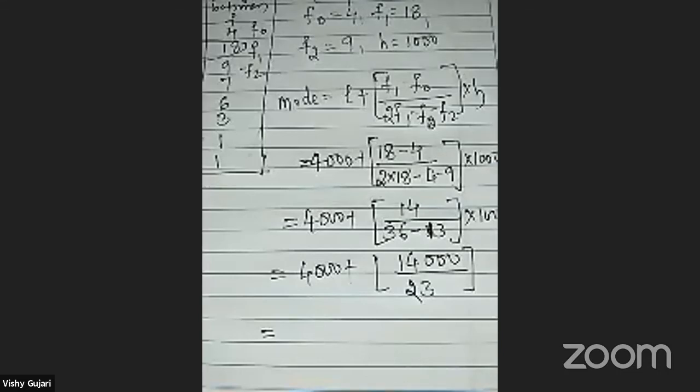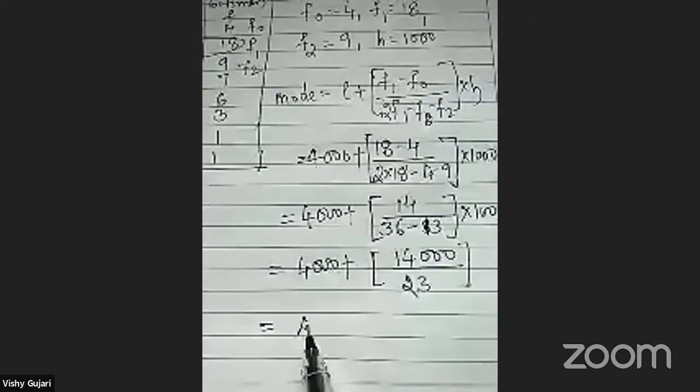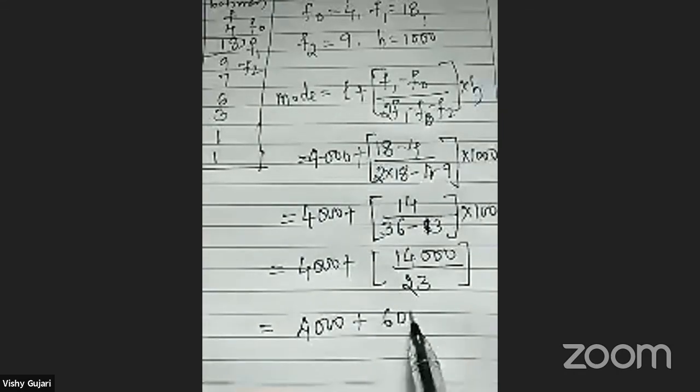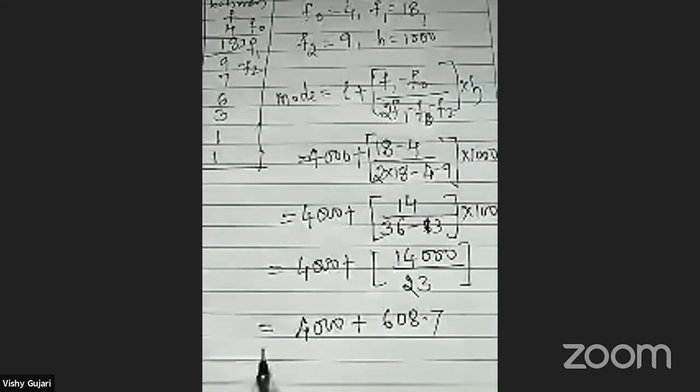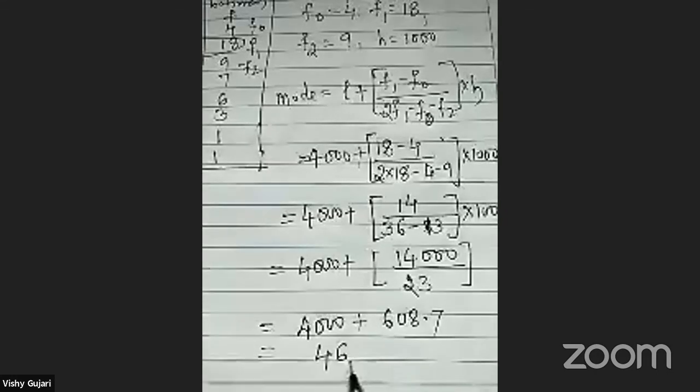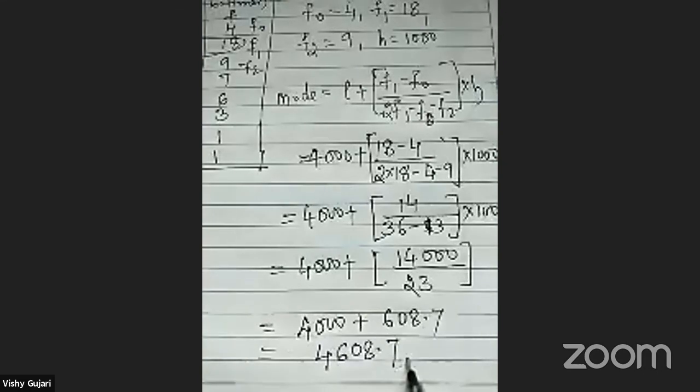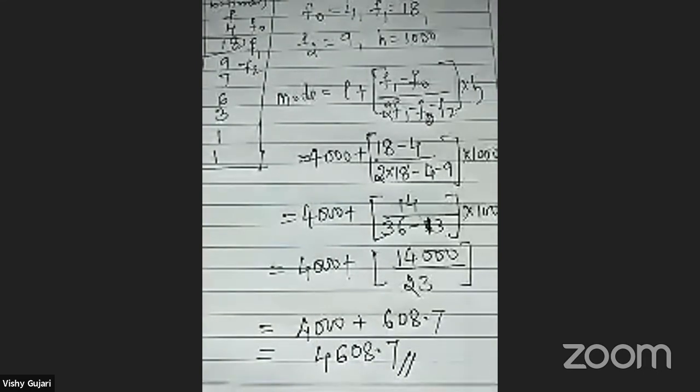How much are you getting? 608.7. So 4,000 plus this will give you 4,608.7. Okay, write down.